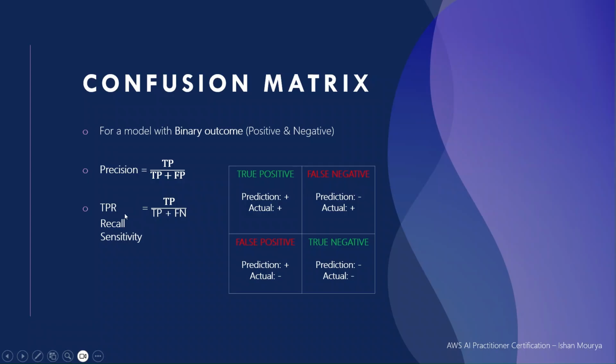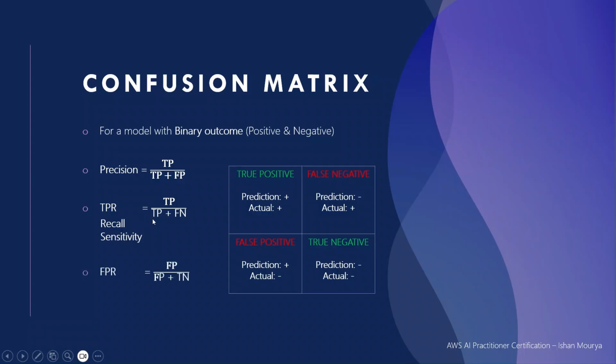So this TPR is basically, in our case, how many of the spams the model was able to correctly identify. Of the total spams, meaning actual positives, how many did the model identify? This is your true positive rate.